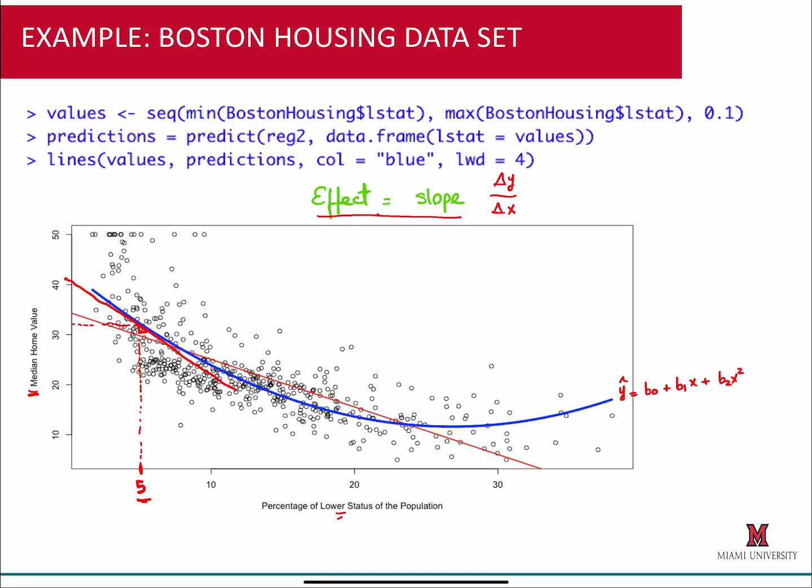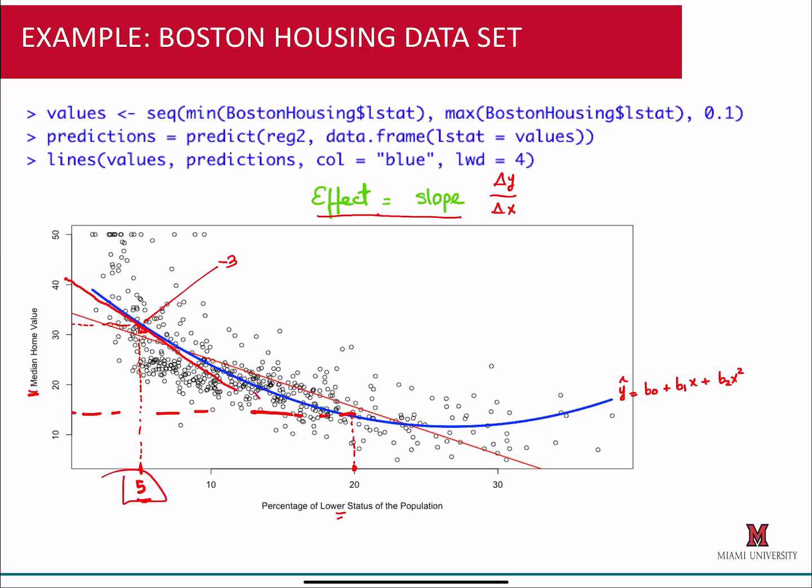Let's just think of a number here. Let's say -3. But that would not be the same change as if the lower status of the population was 20. In that case, if we look at it here and we measure that change, it's not going to be as steep as that change produced when the percentage of the lower status was 5.